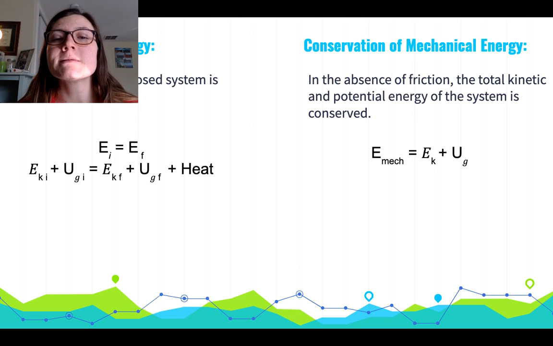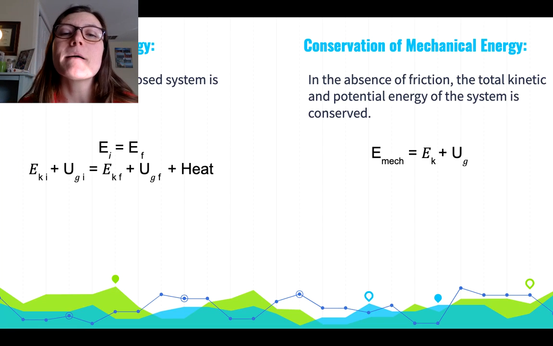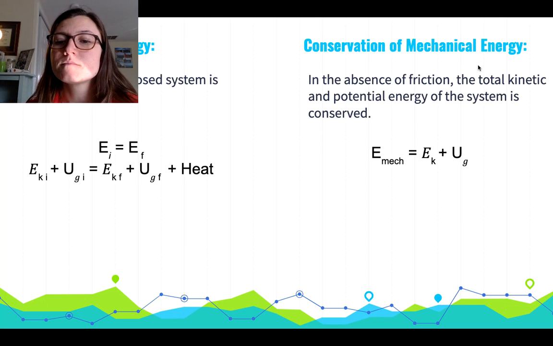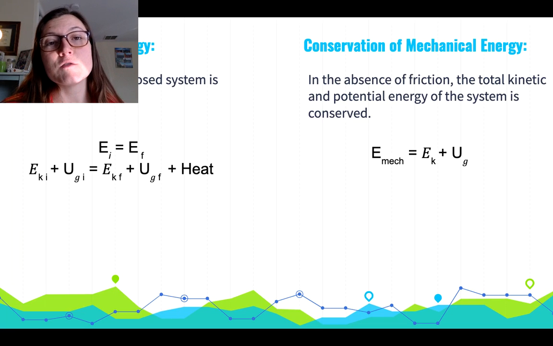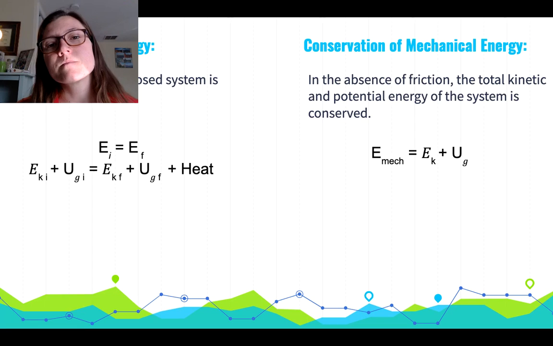If a problem tells us that there's a frictionless surface, or that there's no air resistance, or doesn't tell us anything about mu, we assume that mechanical energy is conserved, and that heat would be equal to zero. Unless the problem asks us to determine if kinetic energy is conserved, we pretend that there's no heat.